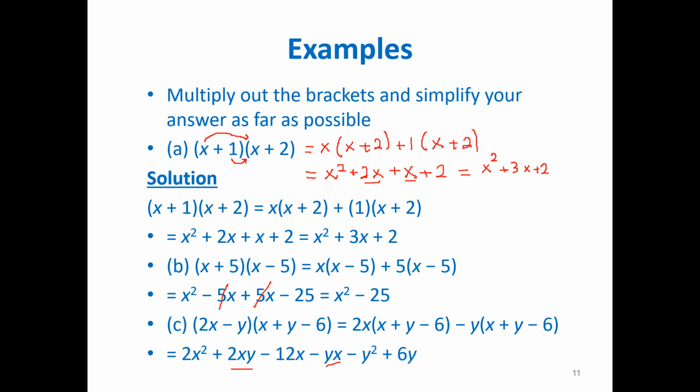So these two terms are considered like terms. So the simplification here will be 2x squared, we write it as it is. 2xy minus yx is xy. Minus 12x, we write it as it is, and the last two terms, we write them as they are. So this is the answer of this expression.